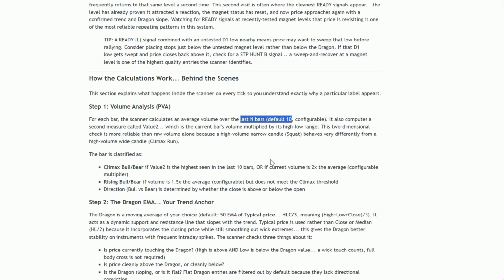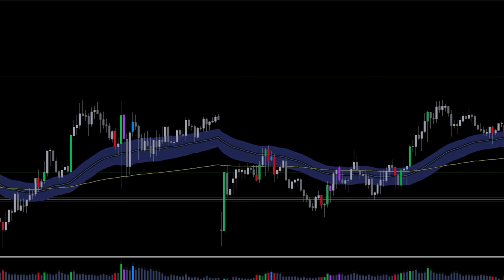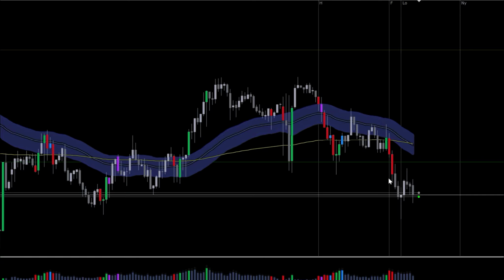And it will see that if the current bar is more than that, it is the highest seen so far. In that case, even if the multiplier hasn't yet reached the 2x threshold, it will still consider that as a high volume bar. So right here, this is 1.9. It hasn't yet reached 2, but it is still a high volume bar. And something else, like right here, this is 1.8x, and 7 bars back, this high volume bearish bar had happened.